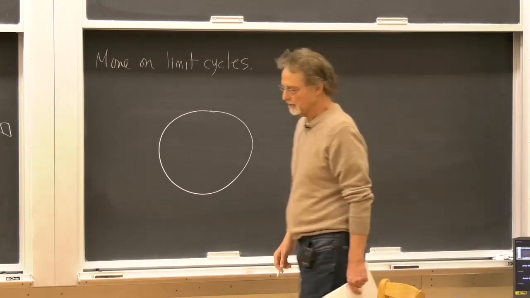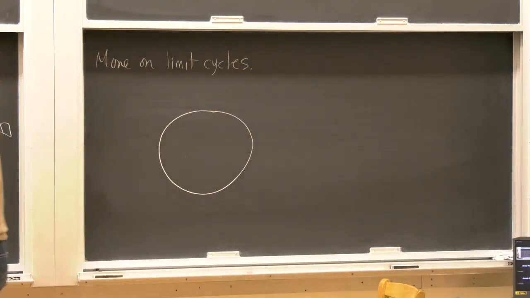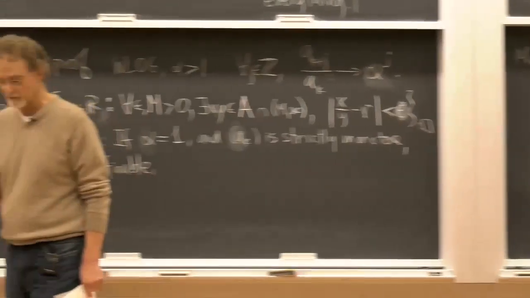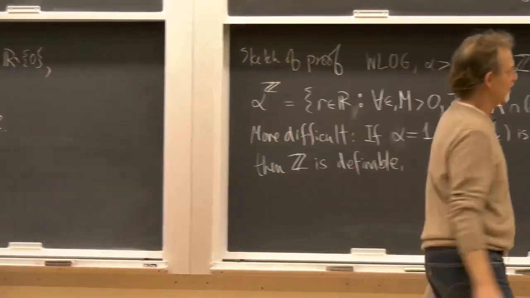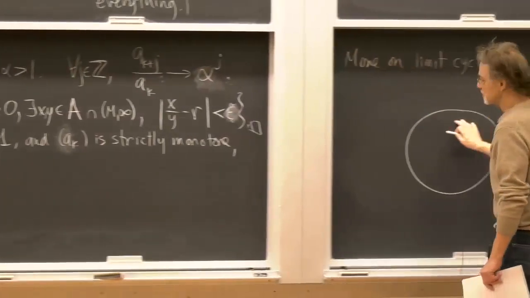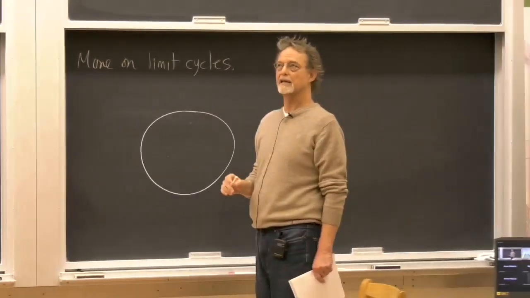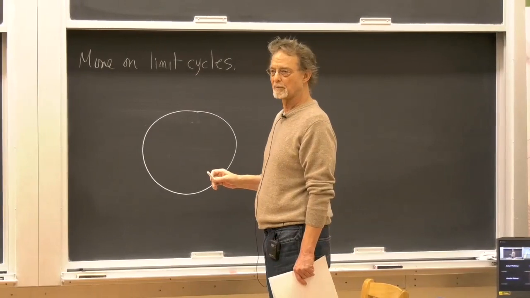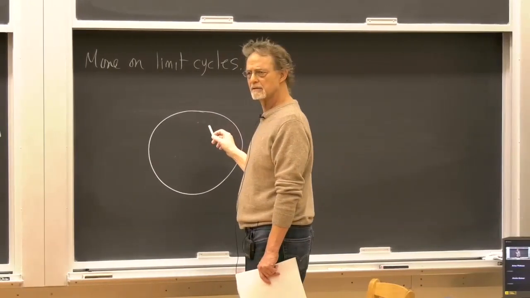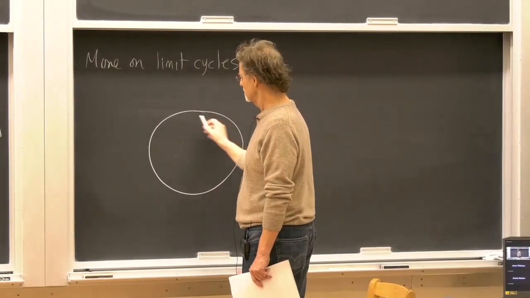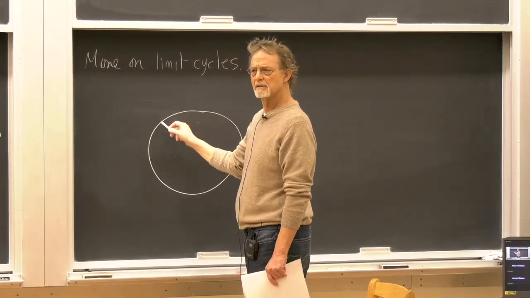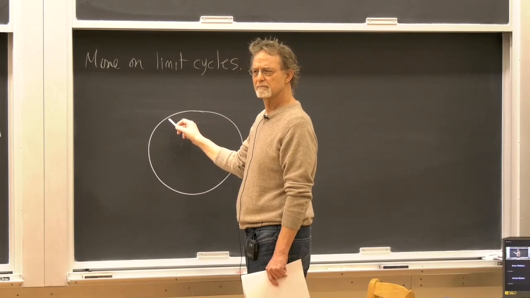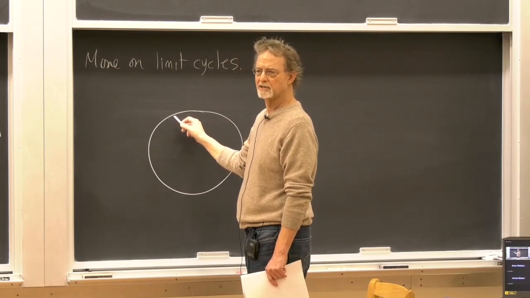Now, what we talked about was that, at least for analytic vector fields, you can't have these so-called center focuses, and limit cycles are supposed to be isolated among the periodic orbits. But can you have a center here and then it spirals in? No, not an analytic one, but I guess you could have that.